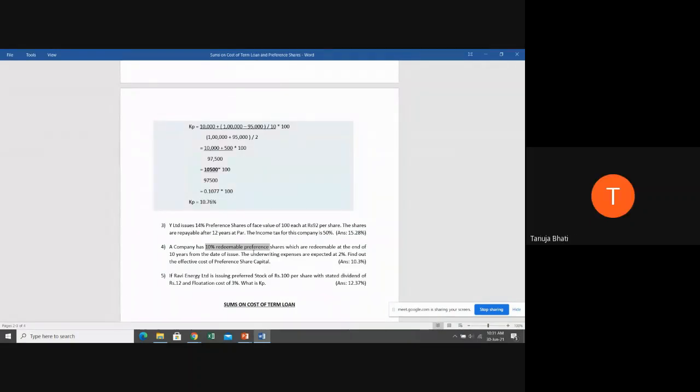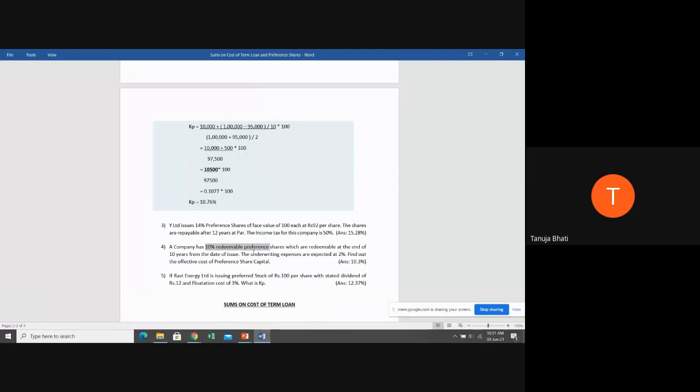What is your NP going to be here? Face value minus expenses. Face value 100 minus 2%, that is 2% of 100. Very good. That is going to be your NP.